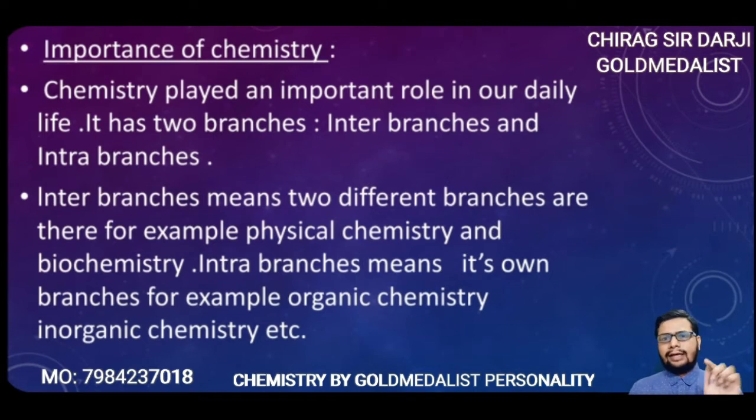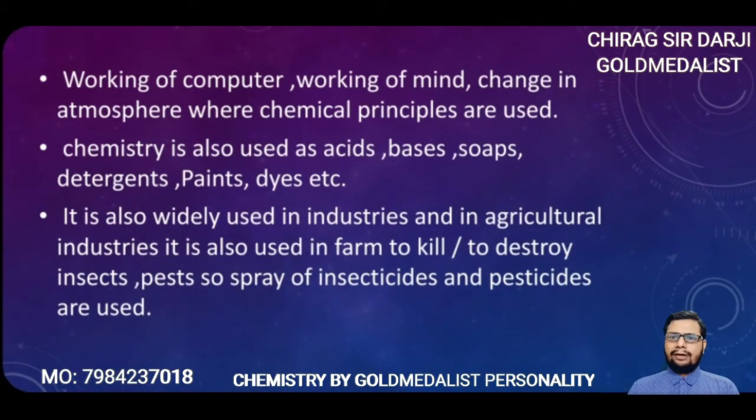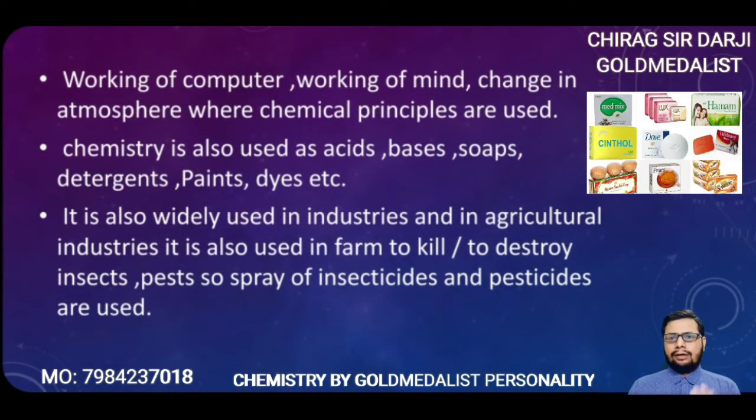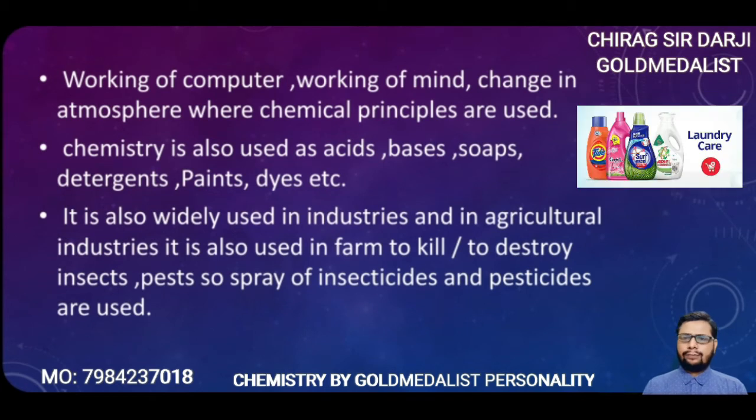That's why they are known as intrabranches. Now chemistry plays an important role in our daily life. We can say that it is used in bases, acids, paints, dyes. So in many industries, chemistry is very helpful. Also it is widely used in agricultural industries.